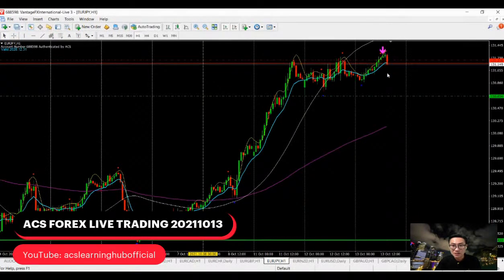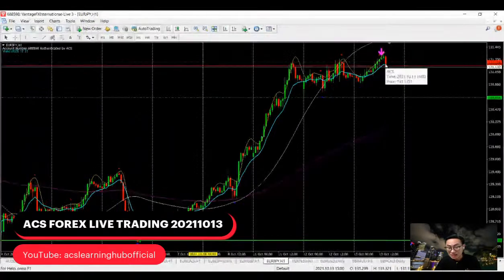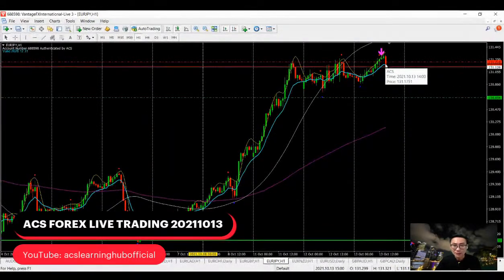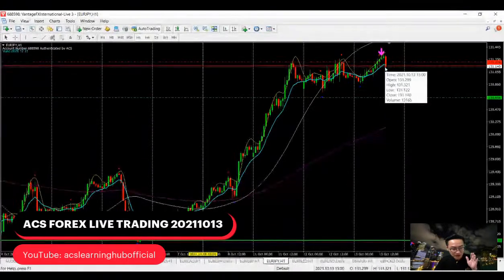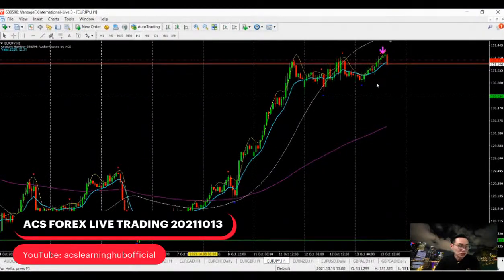Then if it's coming down like this, if euro yen tonight or tomorrow starts to break the support level from all this area of support, very likely the direction is going to change.